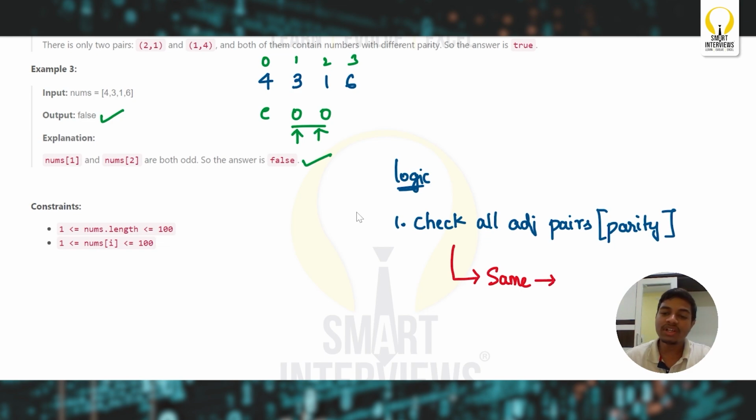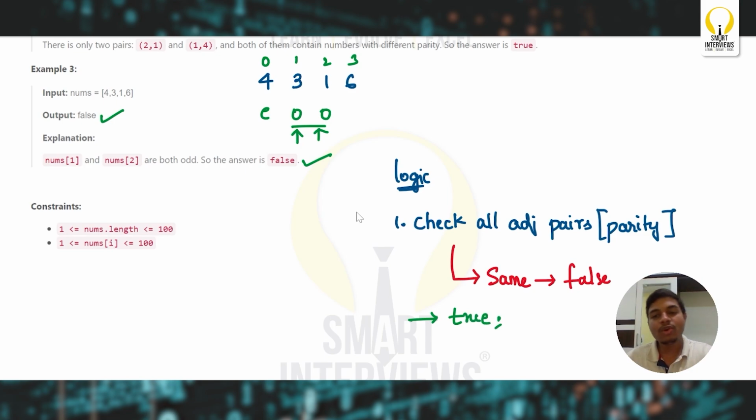Yes, we're supposed to return false. After completion of the entire array, that means checking the condition for all the pairs is done, each and every pair has a different parity. Now we can simply return true, because the entire array is a special array.